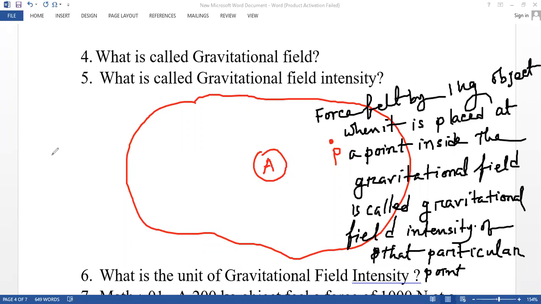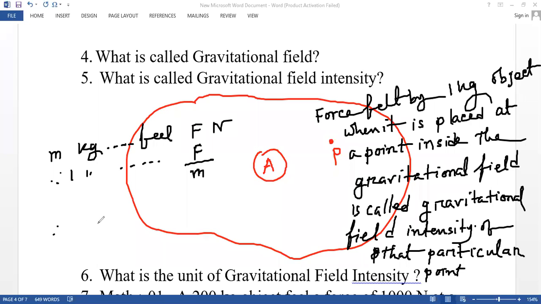So if you place an m kg object, it feels F Newton of force, so a 1 kg object feels F by m. So the gravitational field intensity E will be F by m. That is enough from my side.